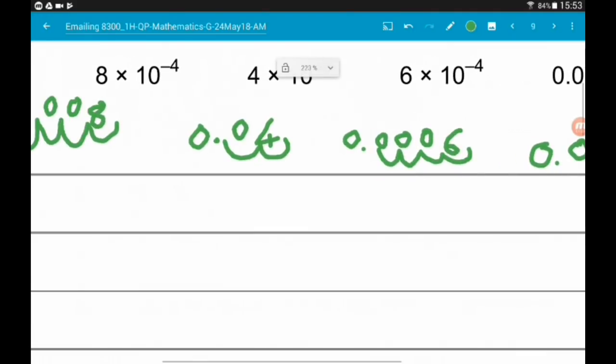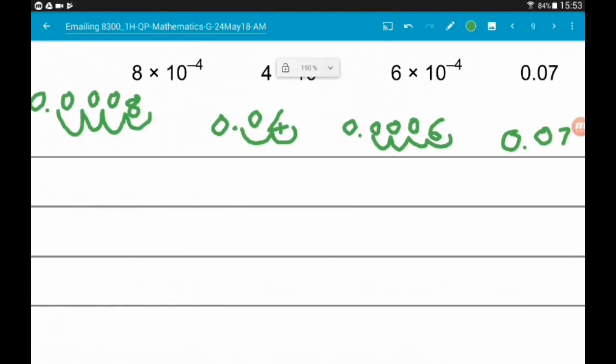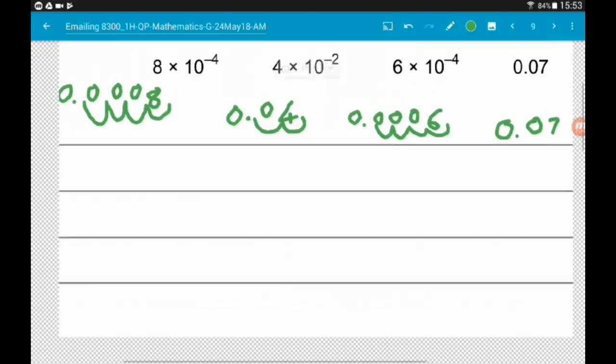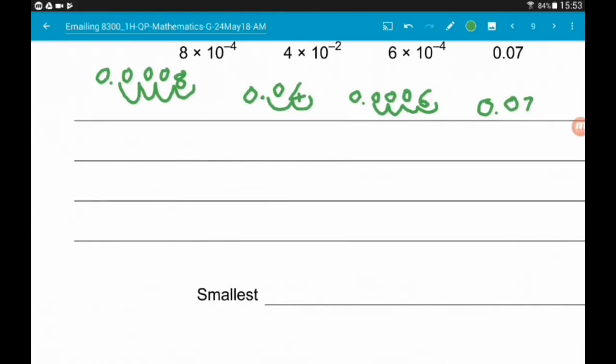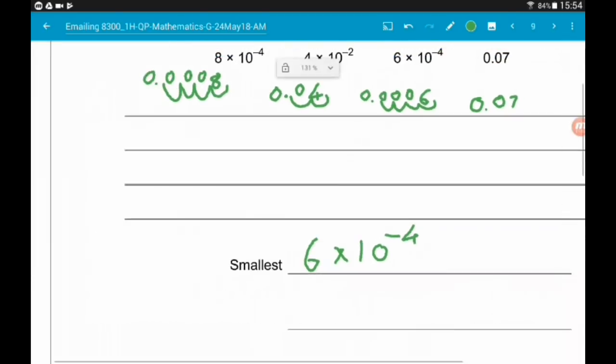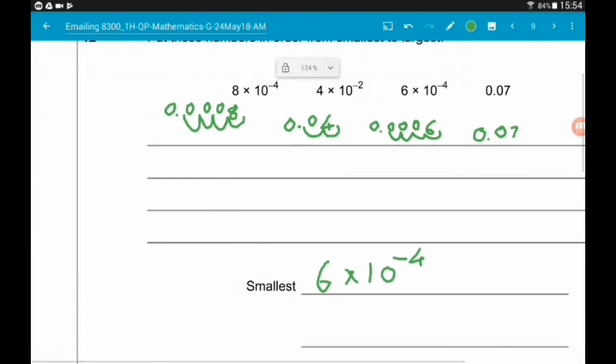So, what's our smallest number here? It's going to be 0.0006. So our smallest one is 6 times 10 to the minus 4. Our next one is then 0.0008.